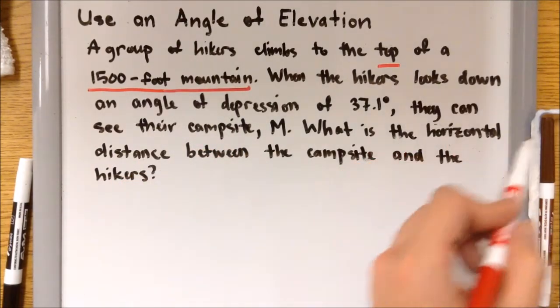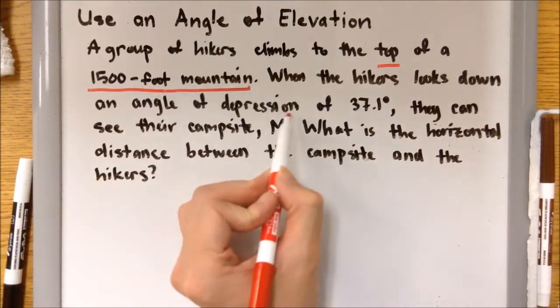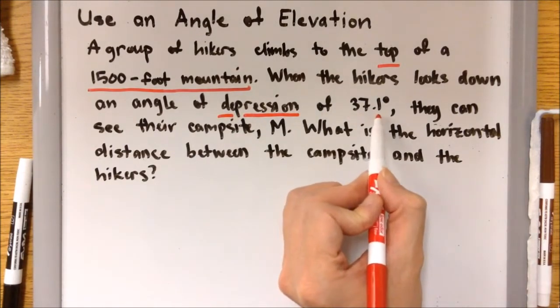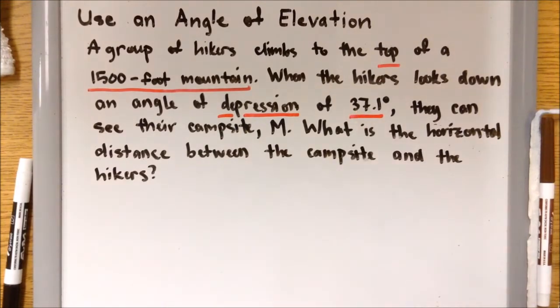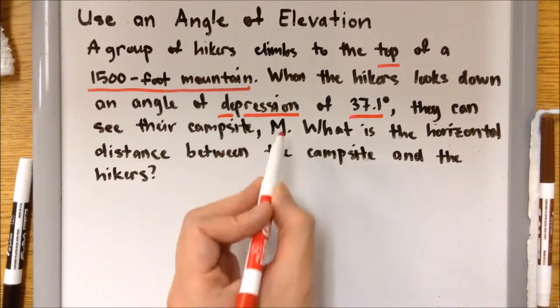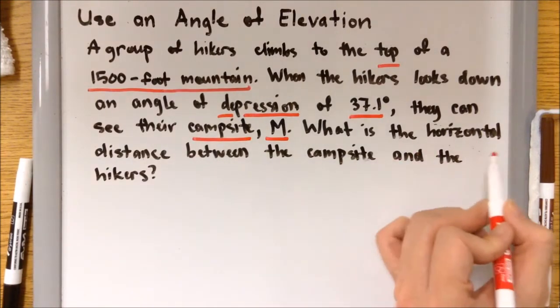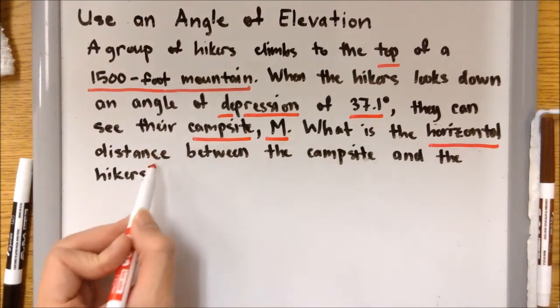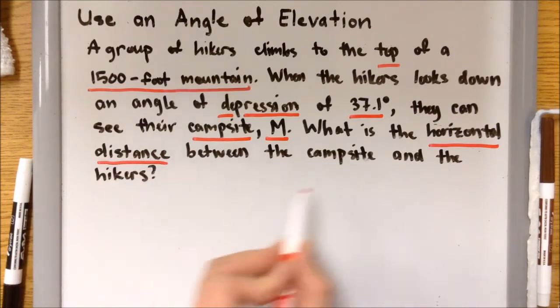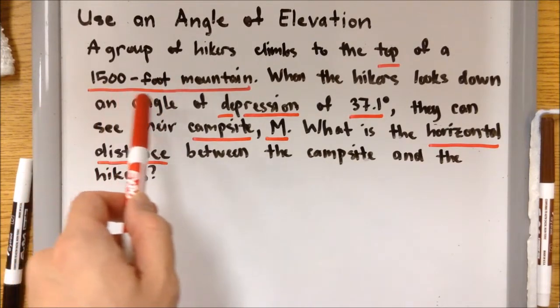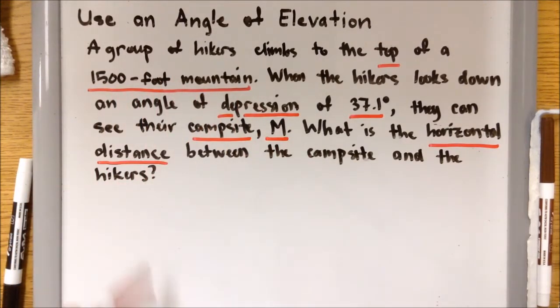When the hiker looks down at an angle of depression, so I'm just going to underline depression, of 37.1 degrees, they can see their campsite M. What is the horizontal distance between the campsite and the hikers? Now, we're going to use the 1,500-foot mountain to better illustrate our triangle.